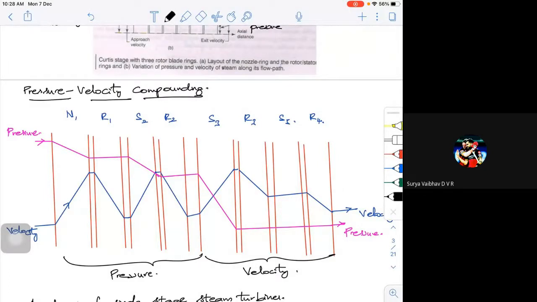The velocity in S3 will increase, then it's going to drop in R3, then it almost remains constant, that means it's only deflecting. The steam gets deflected in S3 without any increase in the velocity. Then further expansion takes place in the fourth rotor, R4. And this is called your pressure velocity compounding.